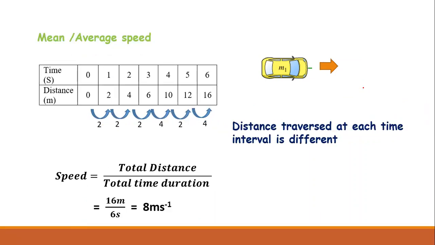Then mean or average speed. Now the situation is different. Normally, when we are driving a vehicle, we have to slow it down when a dog or someone crosses the road suddenly, and where people are crossing the road, we have to stop or slow down sometimes.